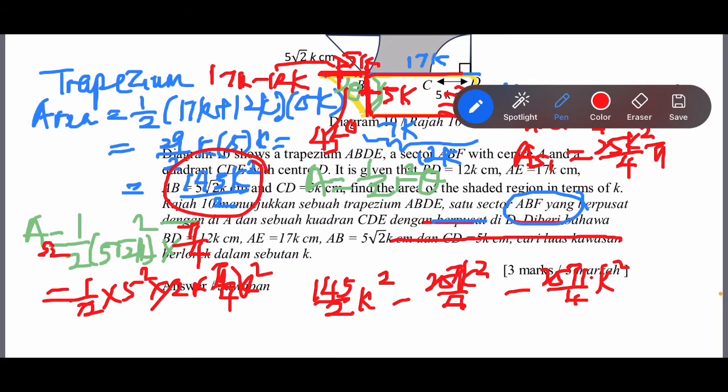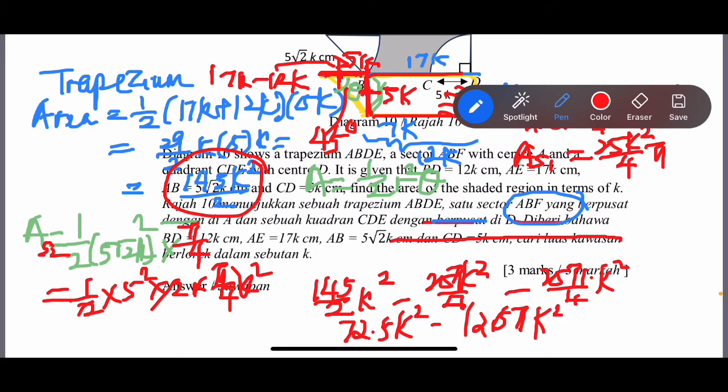Now we are going to substitute and simplify so that we will get 72.5k squared minus 12.5 pi k squared, right? Always double check so that you won't miss out the pi. Okay, so this is the final answer, I guess.